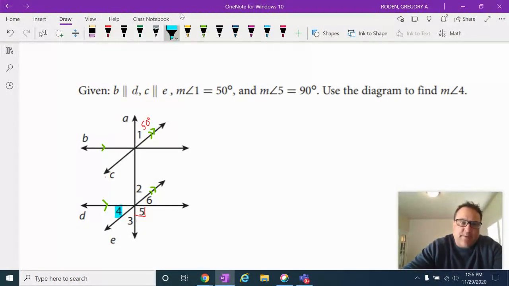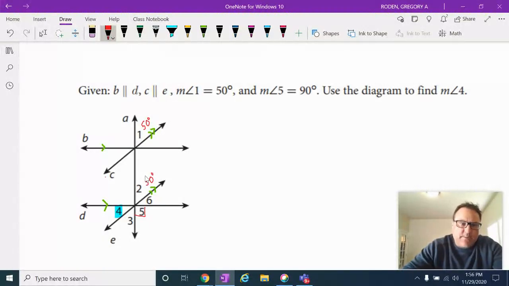They're in the same position, top right here, top right here. So angle 2 is also equal to 50 degrees, because when lines are parallel, corresponding angles are congruent.